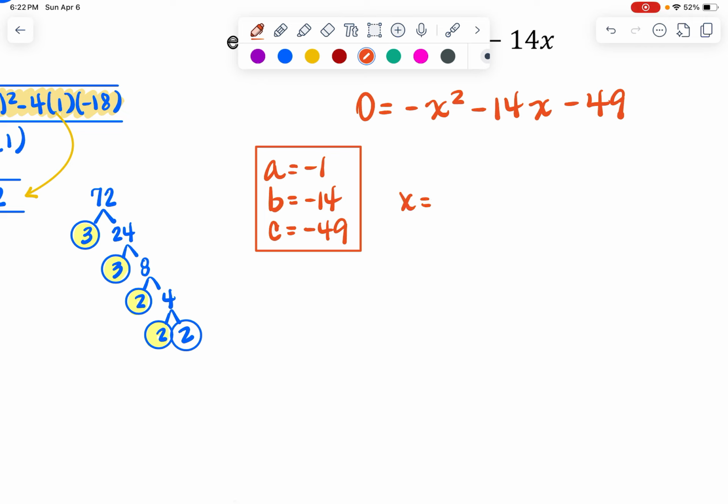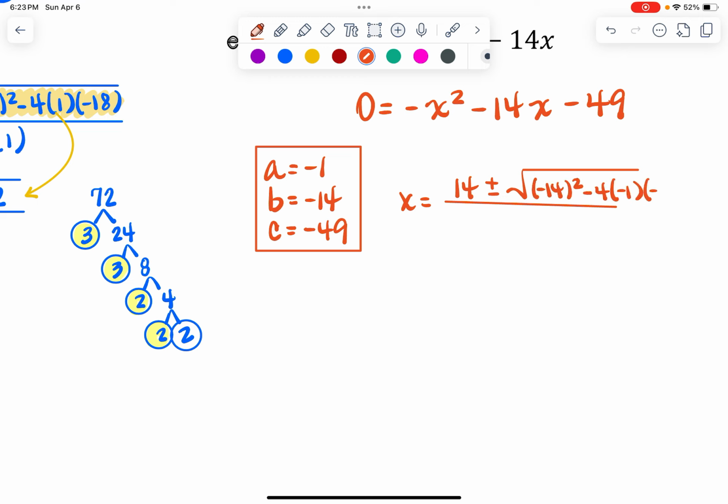All right, so here we go. x equals negative b. My b's already negative, so a -14 would be a positive, plus or minus the square root of -14 squared minus 4 times -1 times -49, all over 2 times -1.